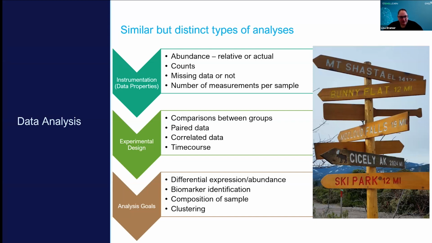But the challenge here is that even though a lot of the data types are very similar, they may require very distinct types of analyses. So, for example, if you run NMR data, we know that that's an actual quantitative concentration of metabolites. If you're running proteomics data, those are in general for bottom up, that's a relative abundance, right? If you have RNA-seq data, those are counts.